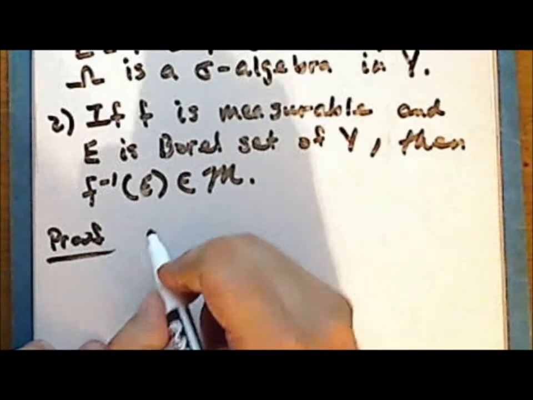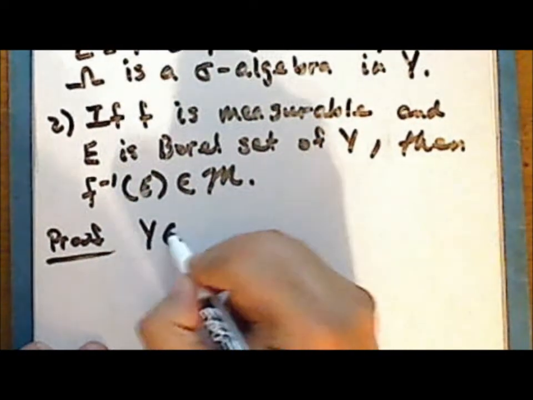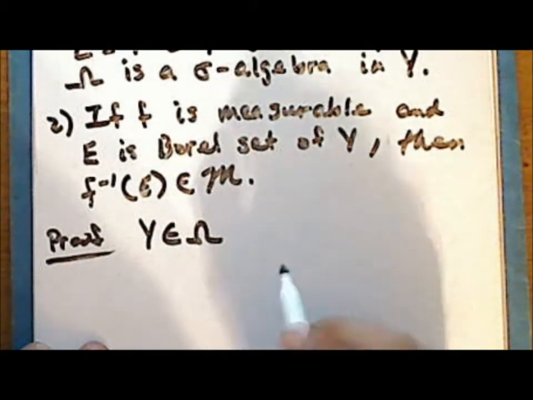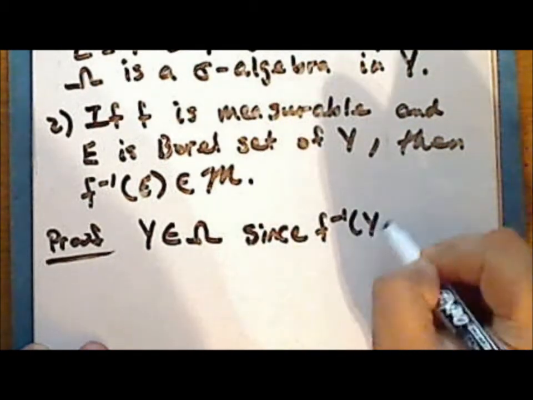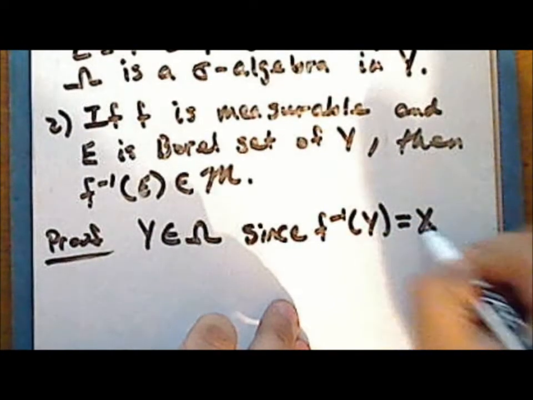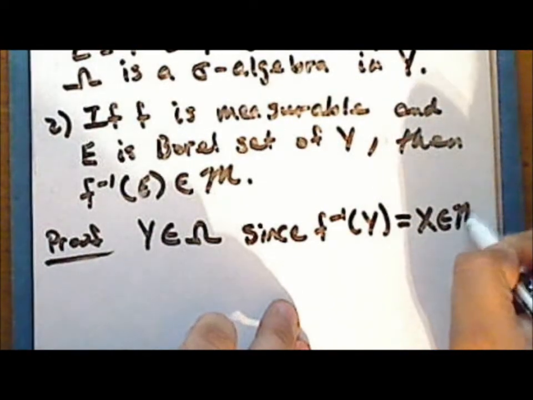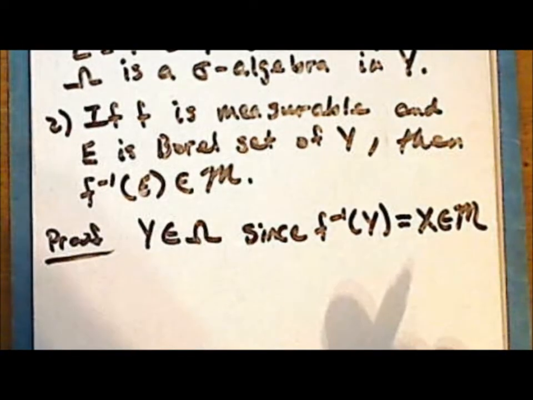So first we notice that the entire set Y is in the collection omega, since the inverse image of the set Y is the entire set X, which is always in the sigma algebra.